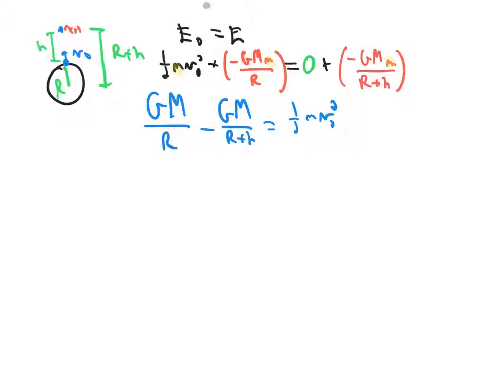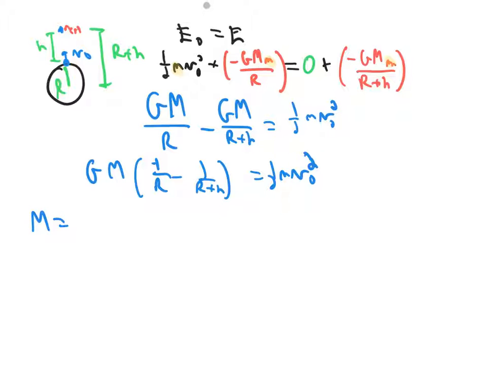We're looking for the mass of Io, so I'm going to pull that out, and I'm going to pull out a G as well because it's the same in every term. I get 1 over r minus 1 over r plus h is 1/2 m v0 squared. And I'm happy because the thing on the left turns out to be positive, which is good because it needs to be.